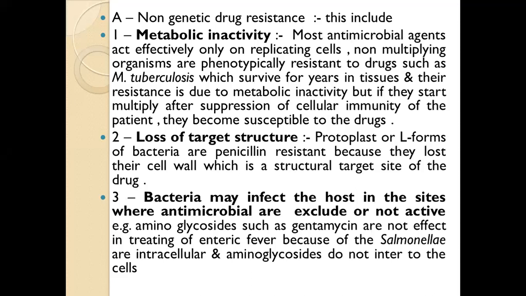The second mechanism is the loss of target structure. Protoplasts or L forms of bacteria are penicillin resistant because they lost their cell wall, which is the structural target site of the drugs. For example, as we saw in the first lecture, Mycoplasma originally has no cell wall.